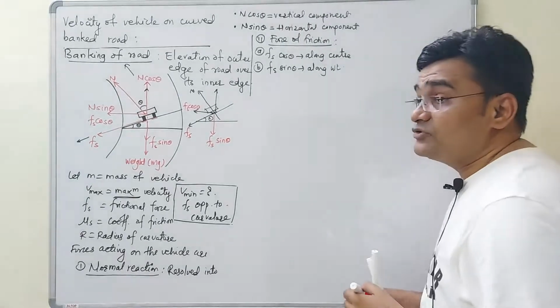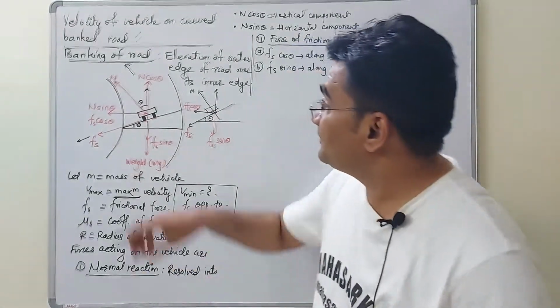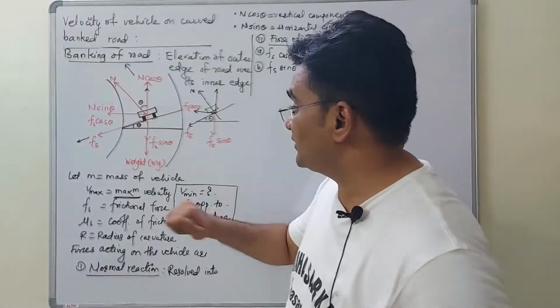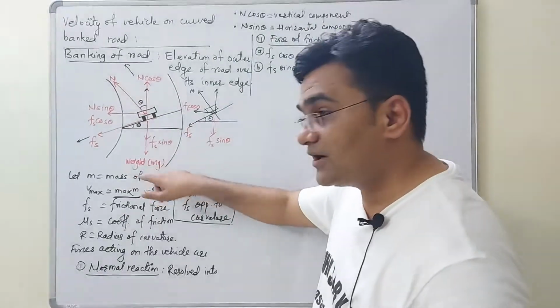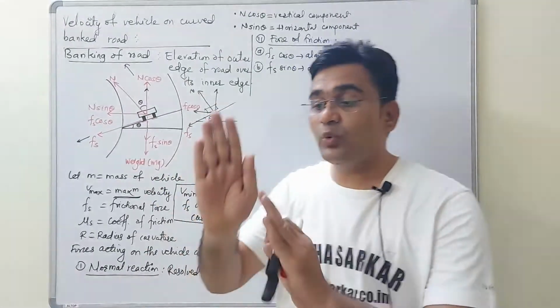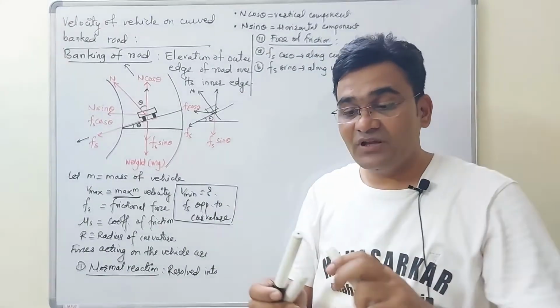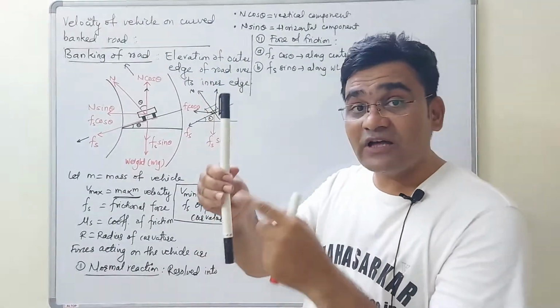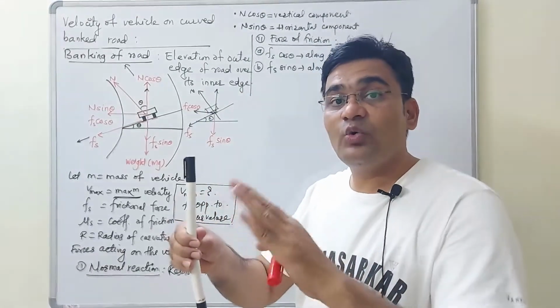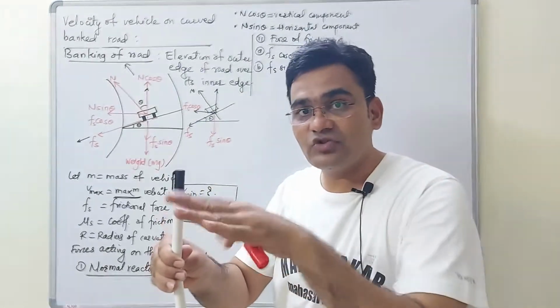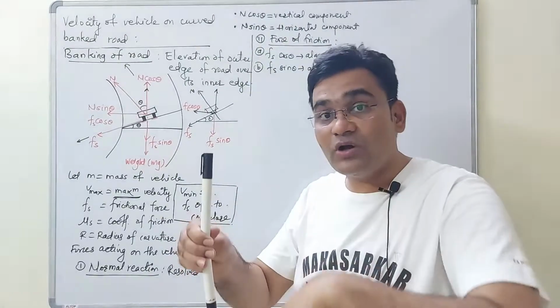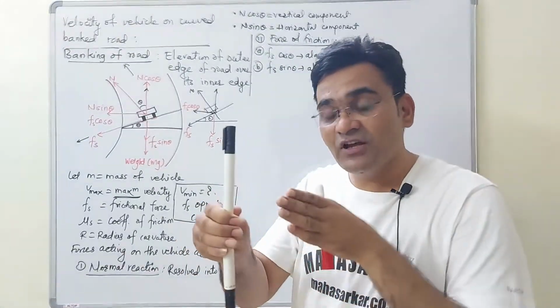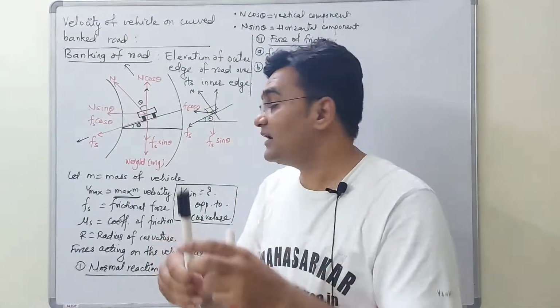Now see, N cos theta is directed upwards, whereas Fs sin theta and weight are both directed downwards. When they balance, only then will the vehicle move stably. So there is no external upward force and no downward force. The forces will be exactly steady, so that the vehicle can only proceed in the forward direction.